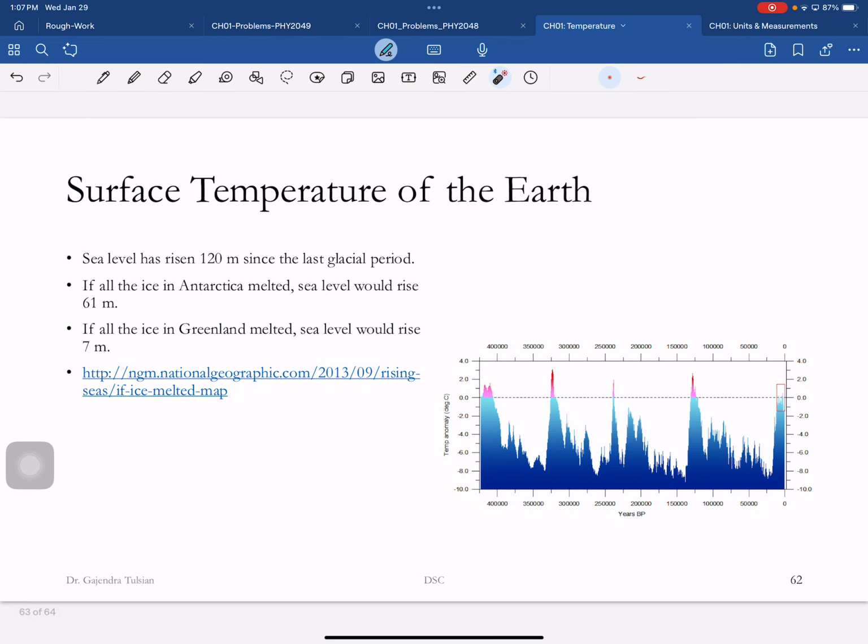Go find that. That's your homework. If all the ice in Greenland melted, the sea levels would rise about 10 meters. If all the ice in Antarctica melted, sea levels would rise by about 60 to 70 meters.